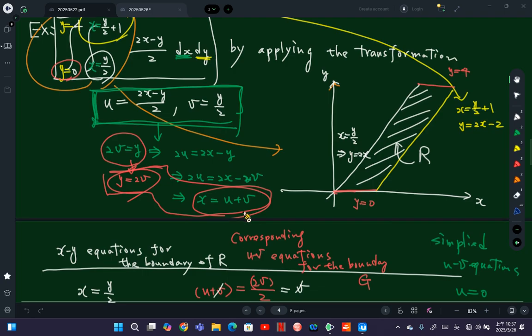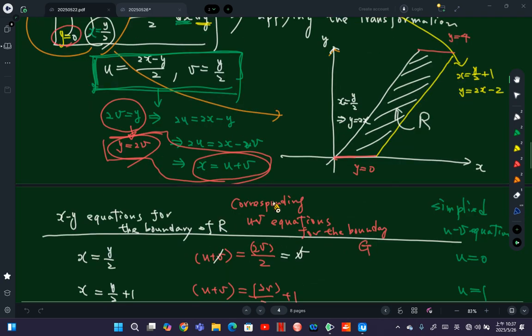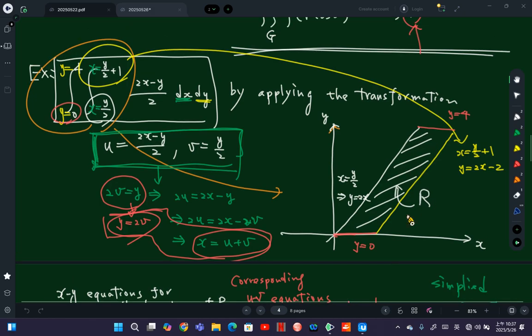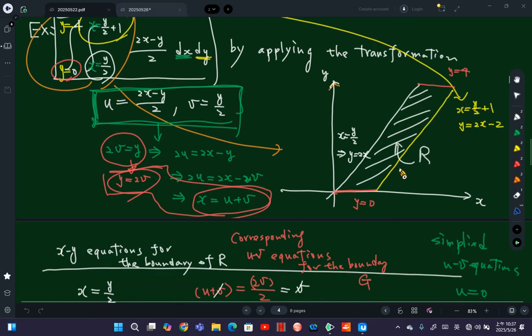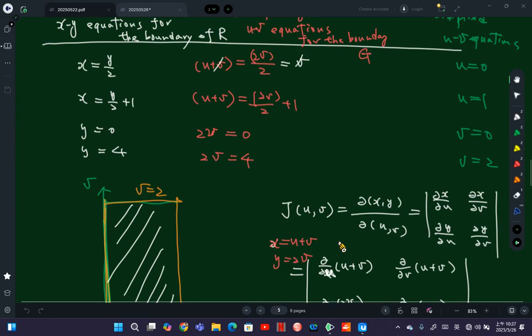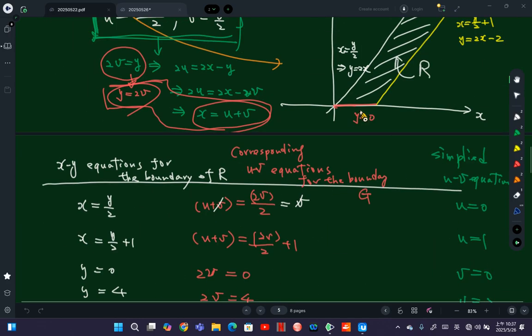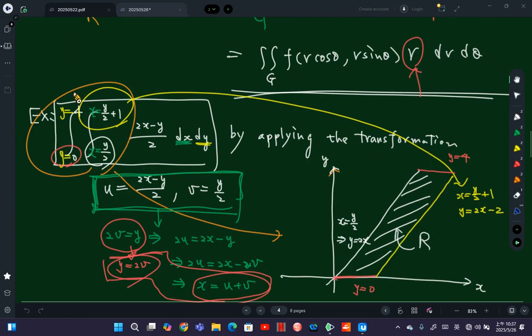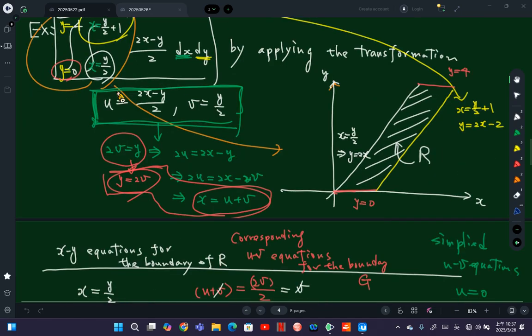Through this, this is the original area of integration. We need to convert it into G. So how can we do that? Based on this, you can figure out its original area of integration.